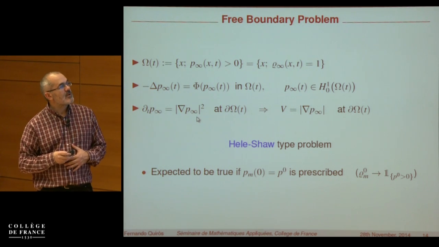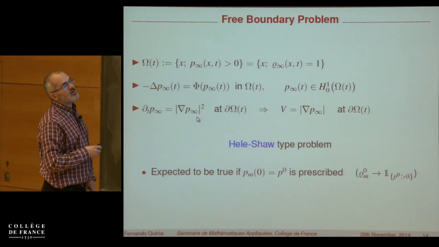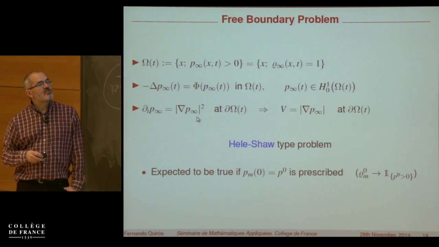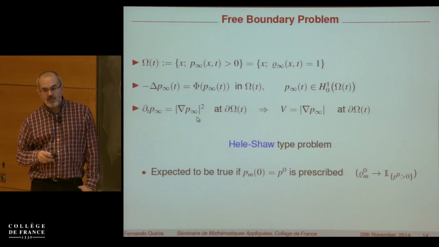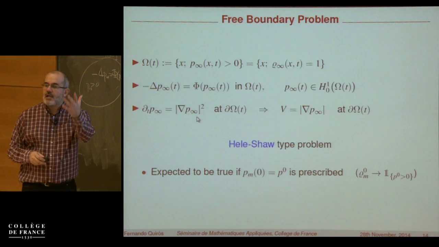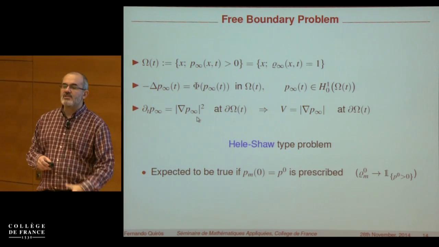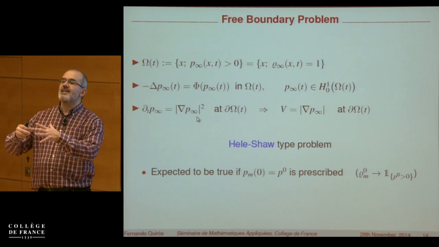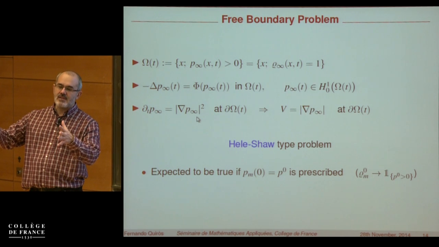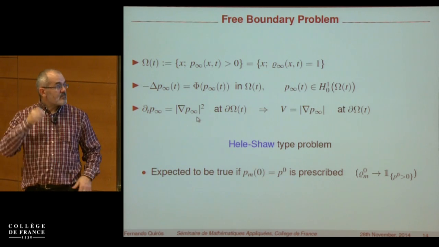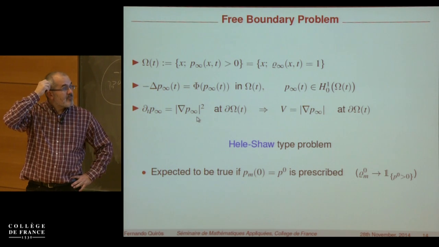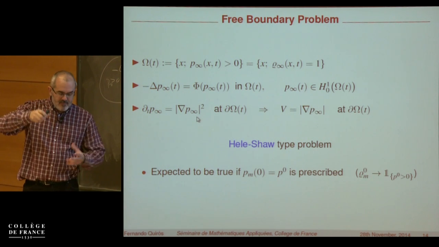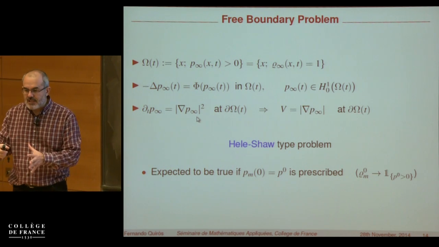In fact, this is expected to be true if you prescribe an initial data for the pressure. If you think about the original Hele-Shaw problem, you can give an initial data for the density, which is the same as giving the region occupied by the fluid initially.